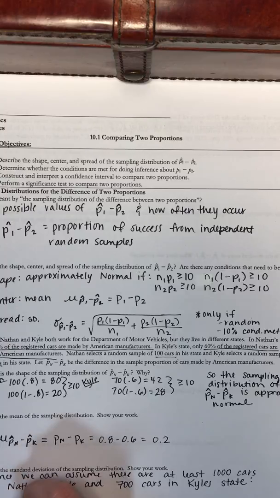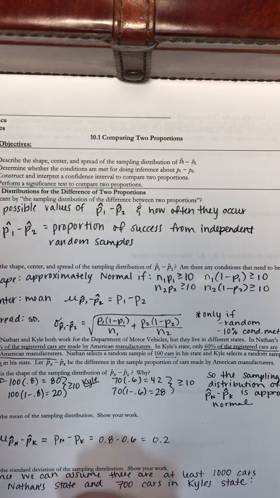So that would be sigma of p hat n minus p hat k equals 0.8 times 0.2, that's just p1 times 1 minus p1, over n1, which was 100, right?